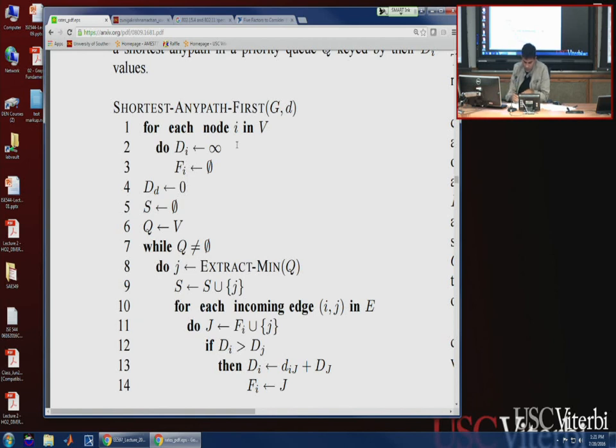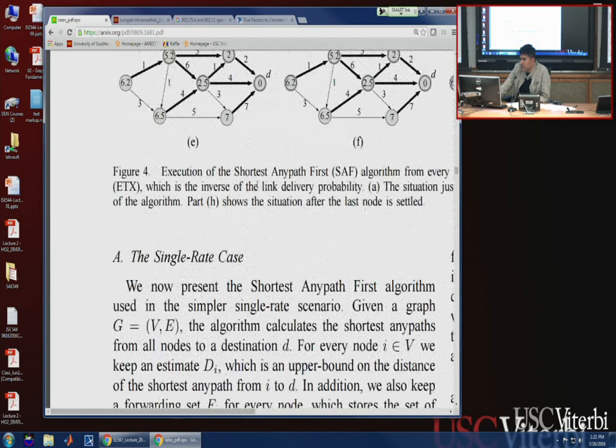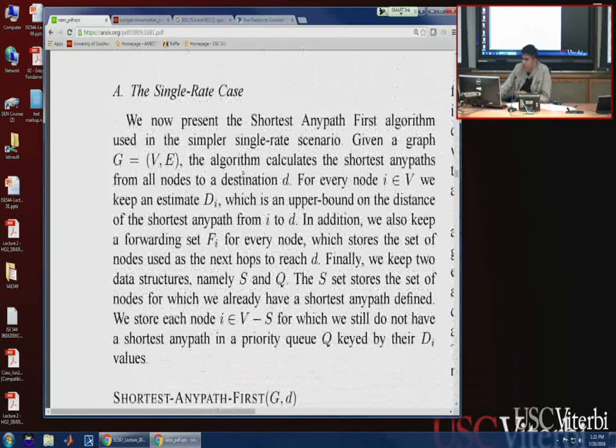So before we walk through this algorithm, let me get the high level idea, then I want to go back to a couple of calculations we will need for this algorithm. The basic idea is you're given a graph, and the algorithm is going to compute the shortest any path from all nodes to a given destination D. This is kind of what Dijkstra's algorithm does.